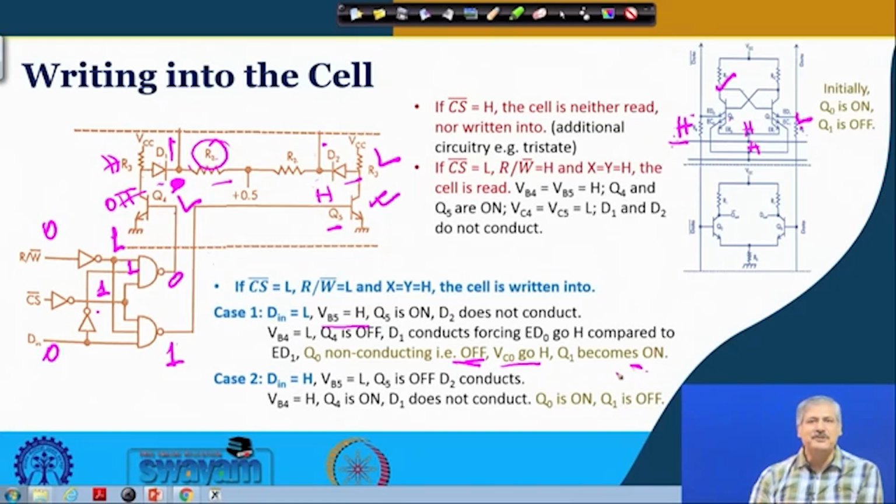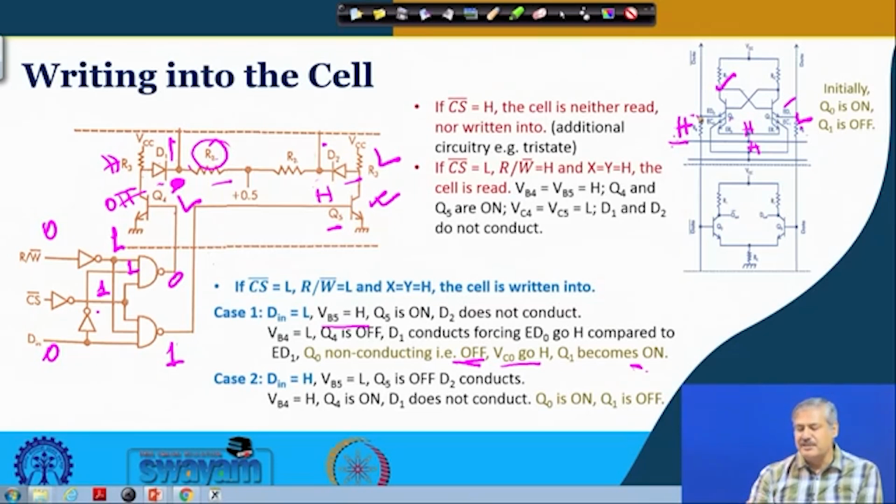Okay. After this, if you stop the write operation, the circuit goes back to its normal state. So both of them are 0, this address is not invoked. So, this cross coupled nature will keep Q1 on and Q0 off, the way it was happening before, when Q0 which was on was remaining on and Q1 which was off was remaining off.